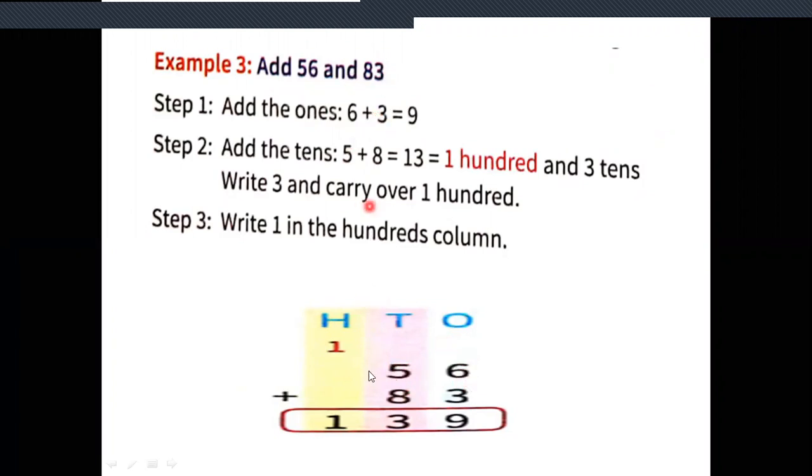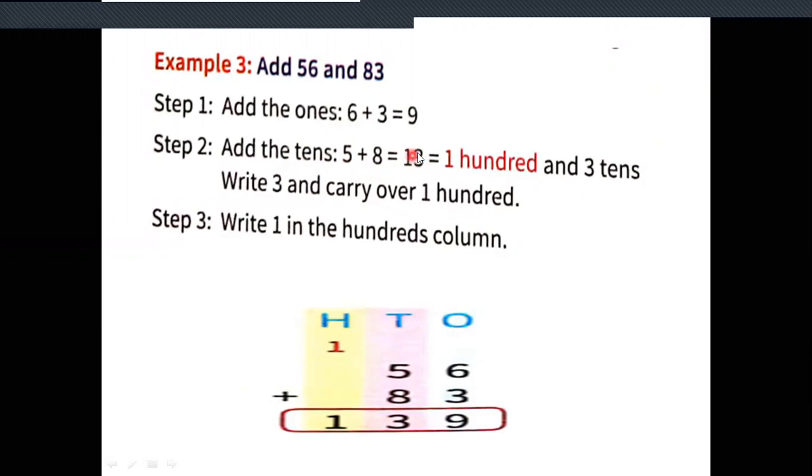Then 83, 8 in tens place and 3 in ones place. So add the ones first. 6 plus 3, if you add, 9 will be the answer. So you are writing 9 in ones place. Then add tens place. 5 plus 8 is equal to 13.